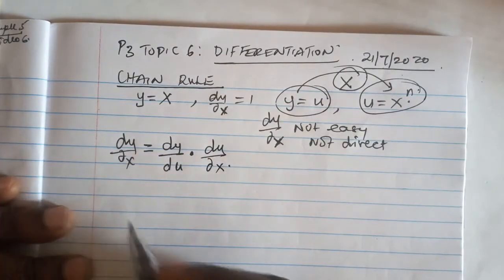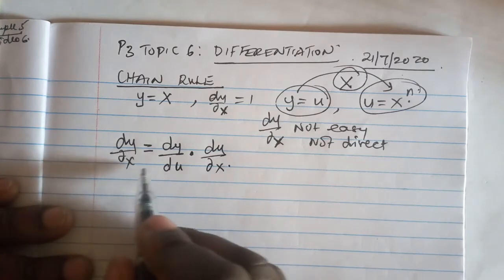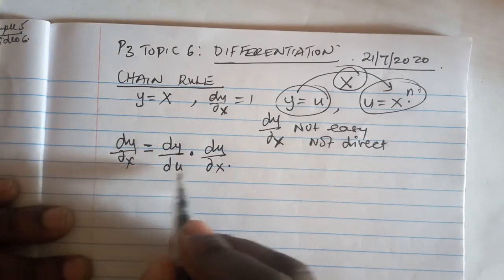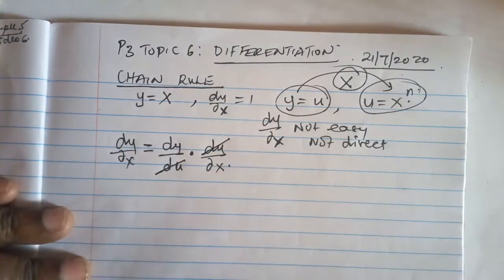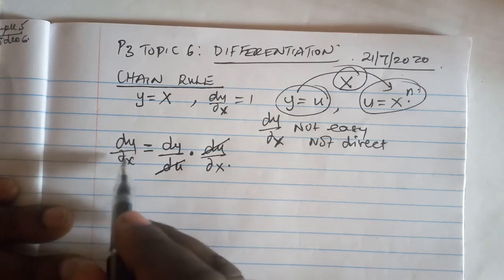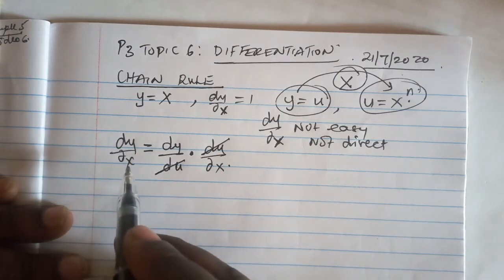If dy dx is equal to dy du times du dx, of course we cancel du and du, and we are left with what we intended in the beginning, dy dx.